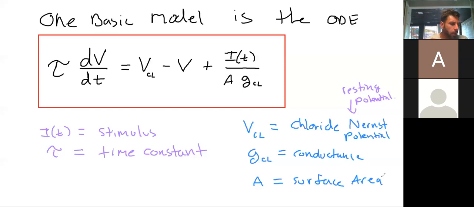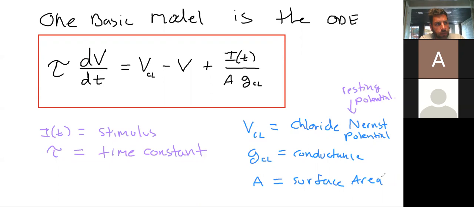All right, so again, this is an equation that you guys are all capable of solving. It looks very frightening, but don't forget tau. In the simplest case, we have a very simple stimulus, then this is an easy equation to solve.